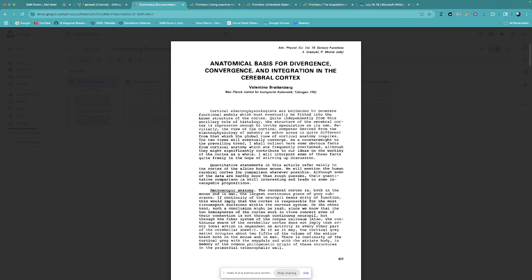So there's this idea of the cortical computer based on the electrophysiology of certain areas of cortex, and then there's this global view of cortical anatomy. These two views will eventually converge. As a counterweight to the prevailing trend, I shall collect here some obvious facts from cortical anatomy, which are frequently overlooked, although they might significantly contribute to our ideas on the working of the cortex as a whole.